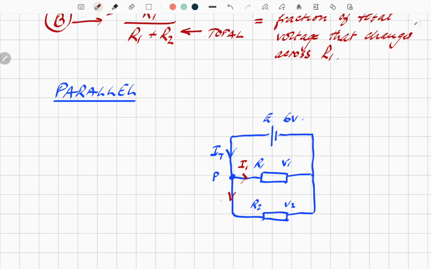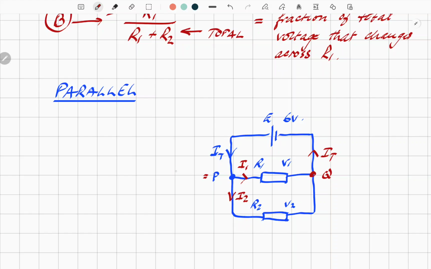And this one here is going to be I2, and that's going to flow through resistor 2. So each branch can have a different current according to whatever resistor they have. And then they add up again and become I total in the rest of the circuit. So at point Q, they add up.